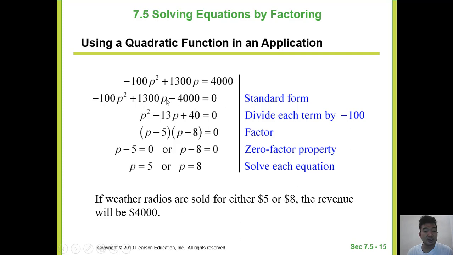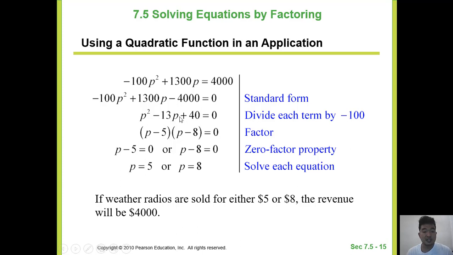Dividing the whole equation by negative 100, negative 100p squared divided by negative 100 is equal to positive p squared. 1300p divided by negative 100 is negative 13p. Then negative 4,000 divided by negative 100 is equal to positive 40. In that manner, we can solve this quadratic equation more easily.